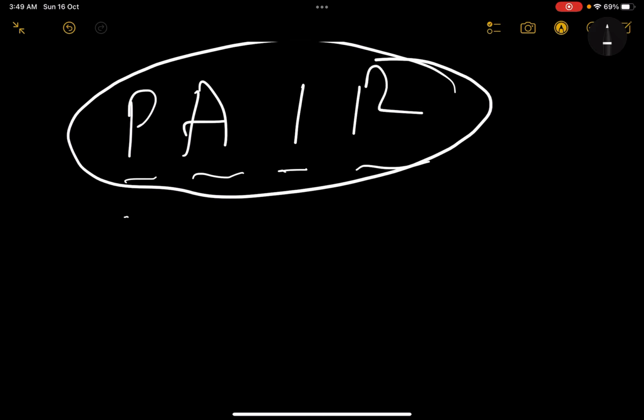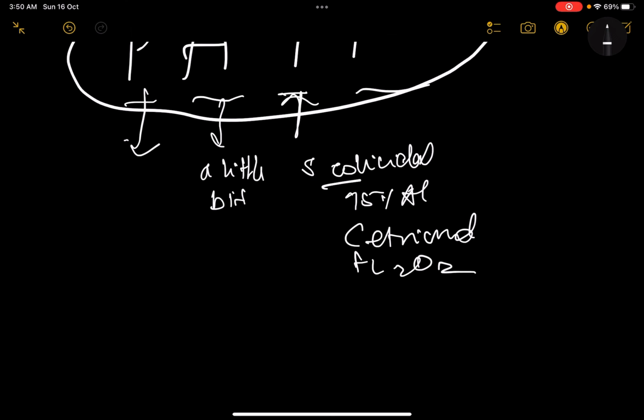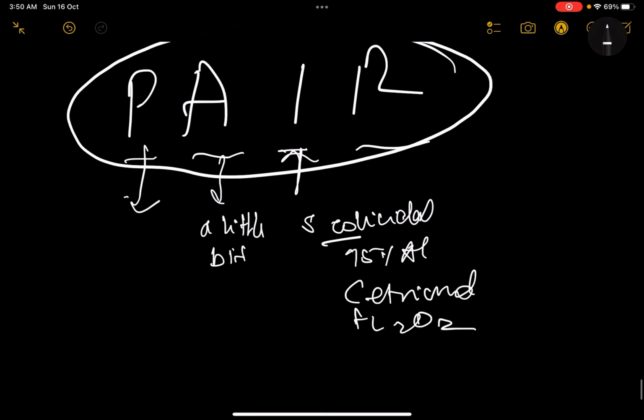So you puncture, then you aspirate a little bit just to see if you've punctured it right. Then you inject scolicidal agents like 95% alcohol, cetrimide, hydrogen peroxide or sodium hypochlorite, and then you reaspirate the entire content.